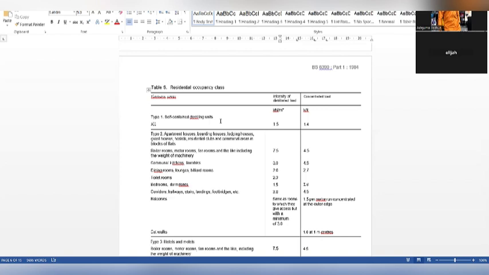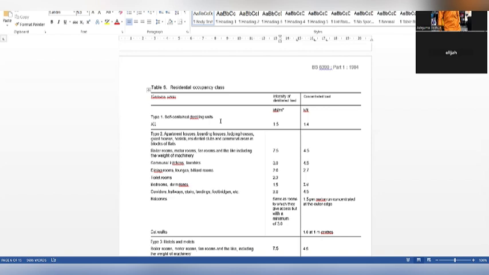So if you are designing bedrooms, look at what they said you should use. 1.5 kilonewton per square meter is good enough. At most, for residential structures, you use 2.0. Did you get that? Please don't forget.